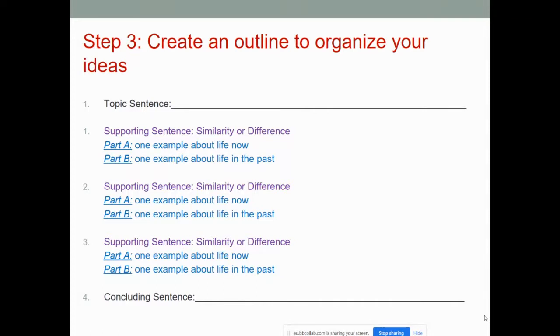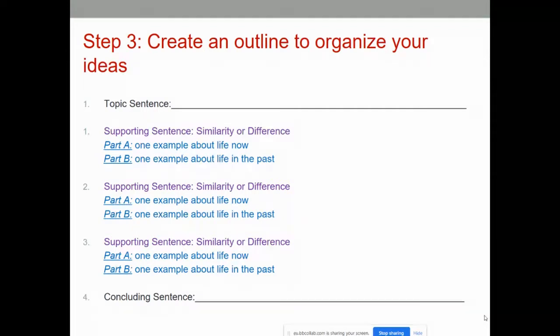Now this is the structure of your paragraph. This is the way you need to structure your paragraph. First, you need to write a topic sentence, and then you need to write minimum, sorry, 3 supporting sentences. They should have some kind of similarity or difference, and you can divide it into 2 parts: part A with one example, part B with another example.